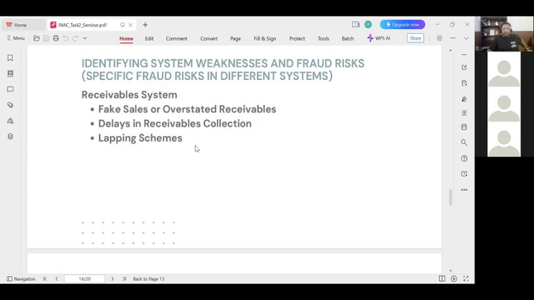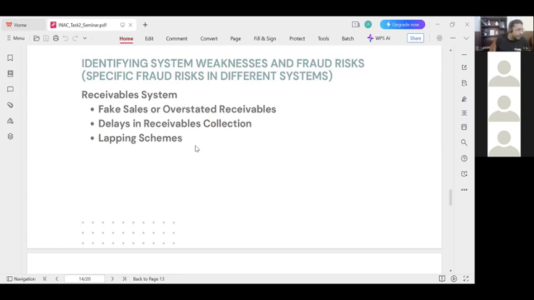Overstating sales is one of the biggest crimes in the game of accountants. You cannot overstate your sales, and this is something which happens most frequently, faking the sales to meet the targets. This is the type of problem you can see in the receivable system.